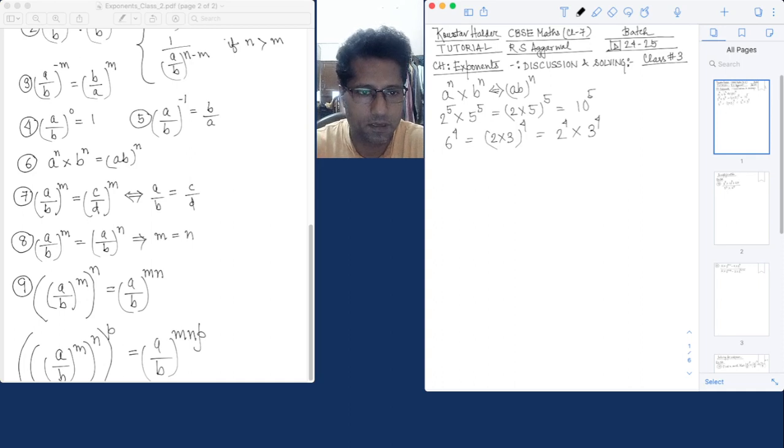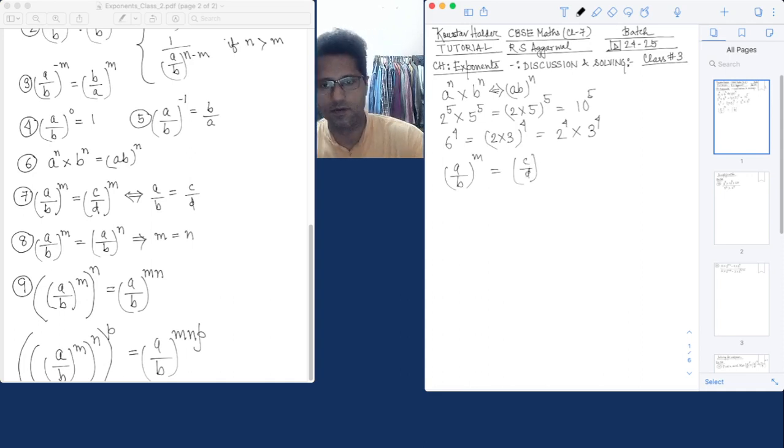Law 7 says that if you have an equation where two exponents are being equated, the first being a rational number a by b raised to the power m equal to another rational number c by d raised to the same power m, if the powers or exponents in an equality are the same, this will imply the base is the same.